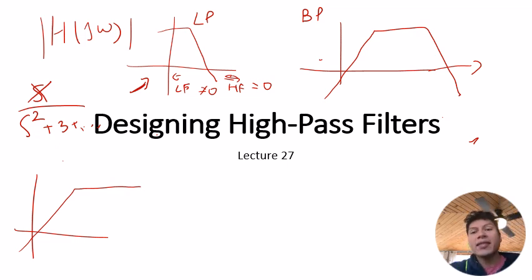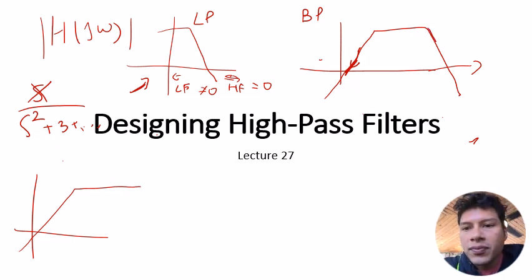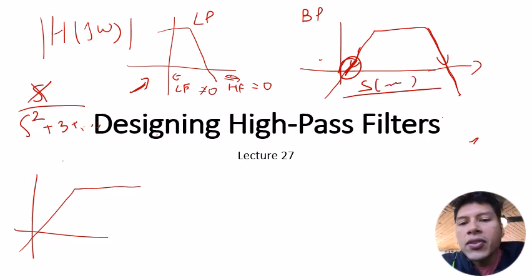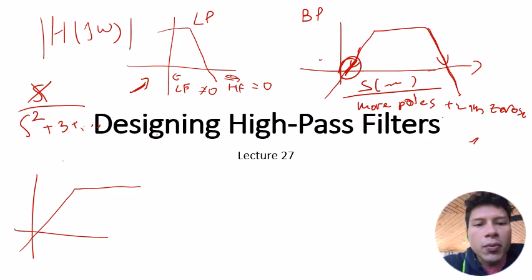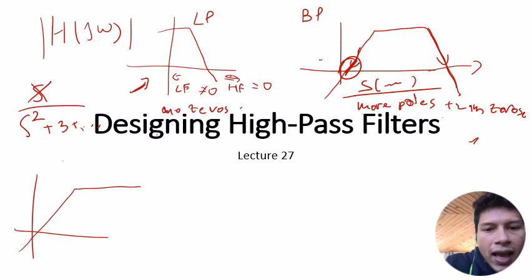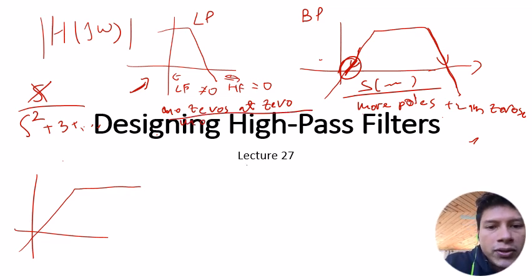Now, for a bandpass, you need to have at least one zero at zero, and then you need to have more poles than zeros. So basically here you need no zeros at zero and more poles.